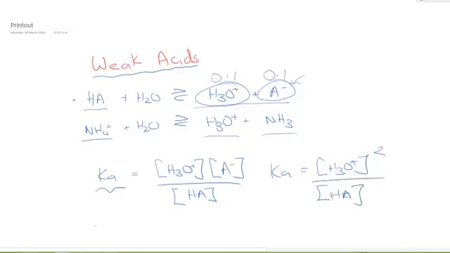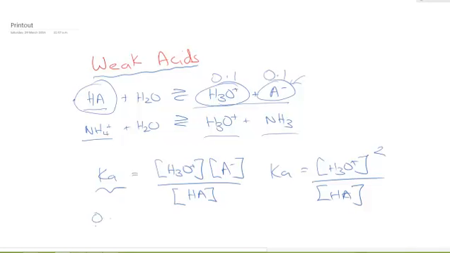Now, this is making a couple of assumptions here. And when you do calculations, those two assumptions are: one, that these concentrations are equal, which isn't quite true because there's already going to be a little bit of H3O+ present in the water. And the second assumption is, in these calculations, we assume that the concentration of HA doesn't change much.